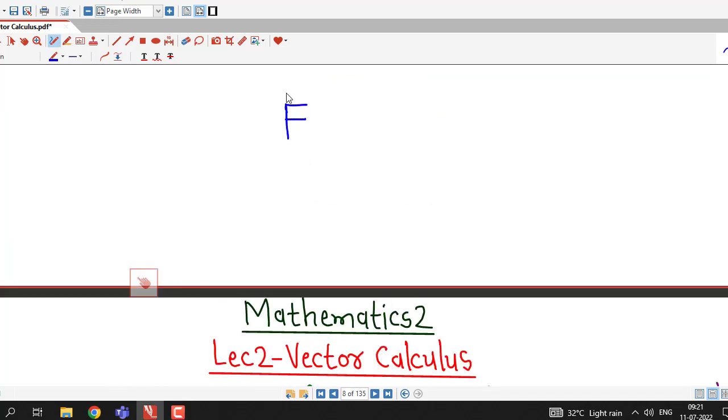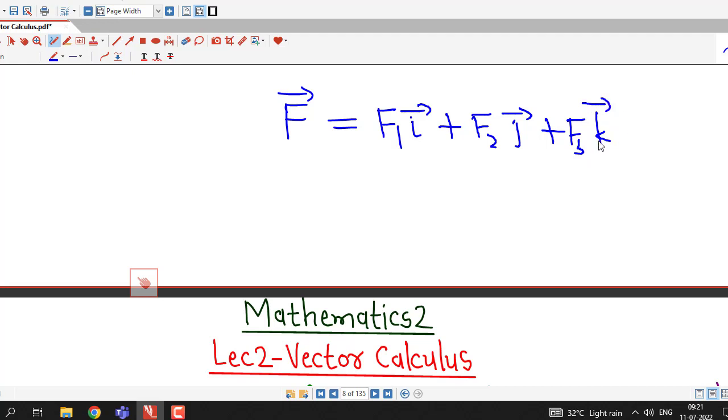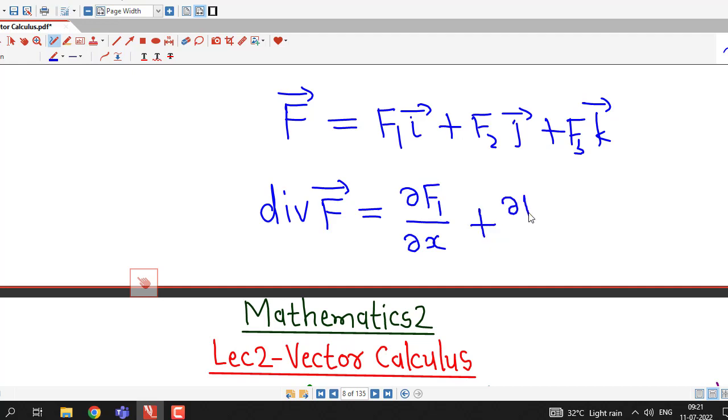We know that if f bar is a vector field whose components are f1, f2 and f3, then divergence of this vector field f bar is given by partial derivative of first component f1 with respect to x plus partial derivative of second component f2 with respect to y and partial derivative of third component with respect to z.